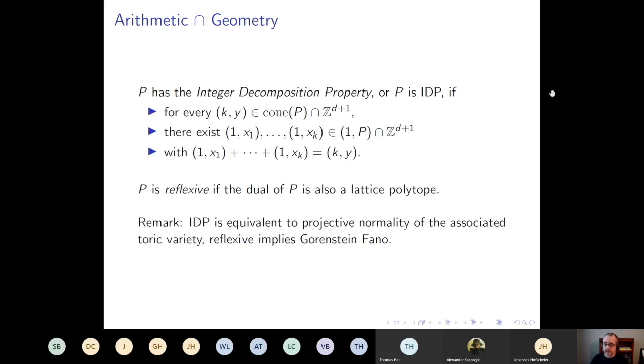I'm not an algebraic geometer. I'm really a combinatorialist, and so my motivation for these things comes from the combinatorics and the polyhedral geometry side, but I know that these are of interest also to geometers. So pretty much, if you're primarily interested in the algebraic geometry, just replace the words every time I say IDP or reflexive.